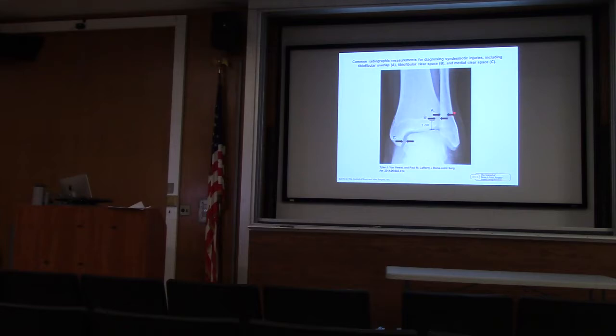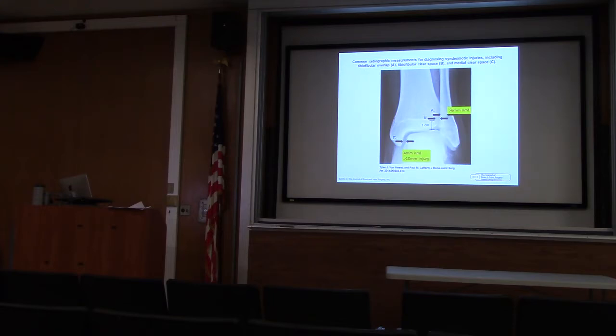The first is what they call the tibial overlap. So the fibula and the tibia overlap here. And then you have the tibiofibular clear space, which there shouldn't be any clear space, which is measured about 1 centimeter above the tibial plafond, which is this area right here. And then the third is the tibiotalar or medial clear space.